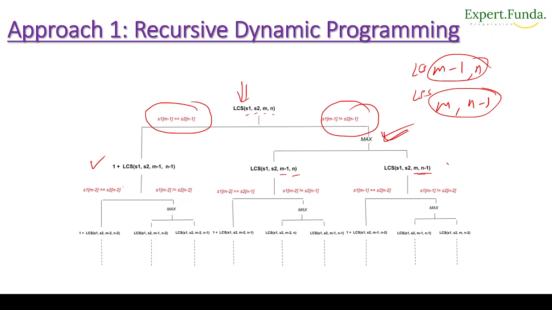Again we check, if it matches at m minus 2, n minus 2, then we say 1 plus LCS of m minus 2 and n minus 2. If not, then we'll take the max between m minus 1 and n minus 2, and m minus 2 and n minus 1.